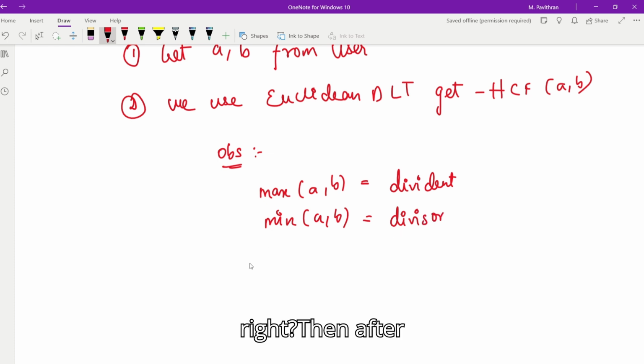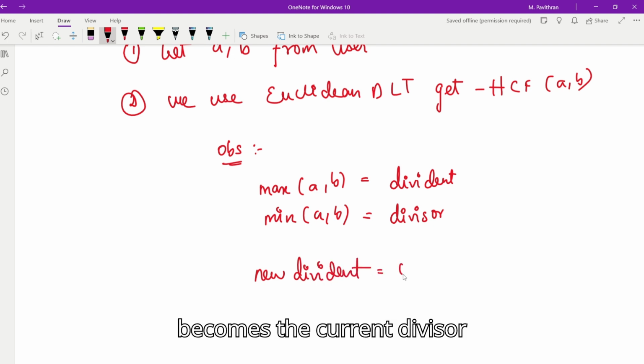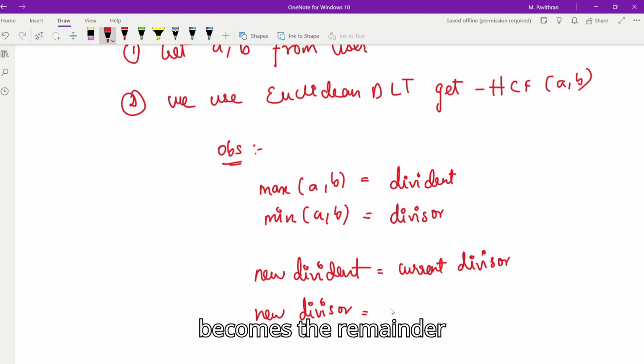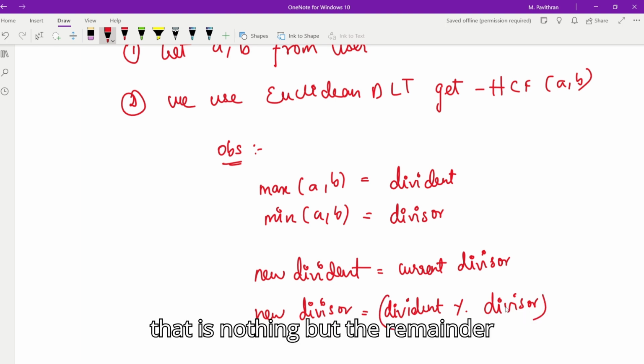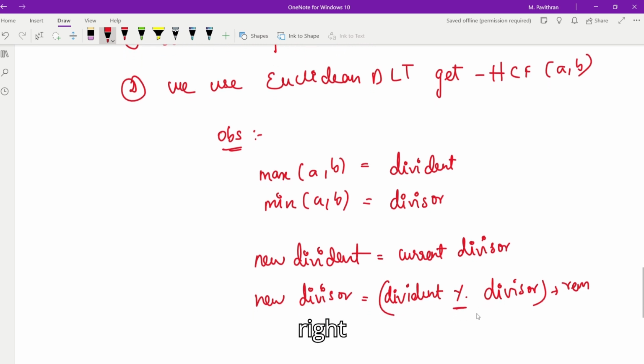Then after each step, that is after each division, the new dividend becomes the current divisor and the new divisor becomes the remainder when the dividend is divided by the current divisor, that is nothing but the remainder, as we use the percentage operator, right?